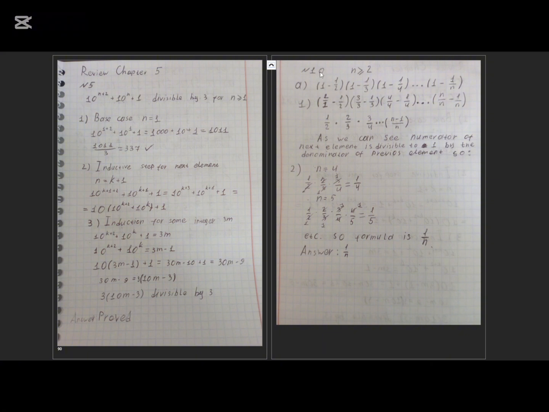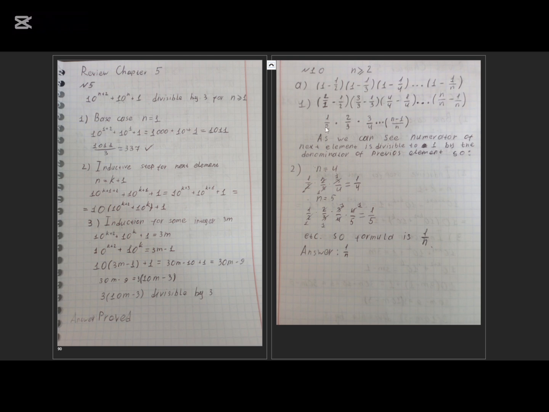In number 10, A and B, we need to find the formula of an element. As we can see in the condition, we have one in each bracket. We can represent it like the equality of the second element. So we get that the last element looks like n minus 1 divided by n.